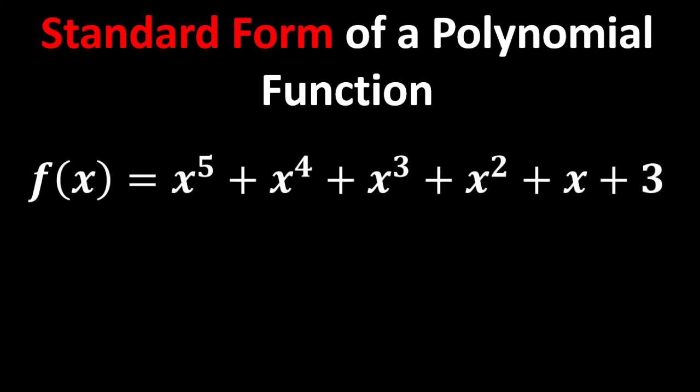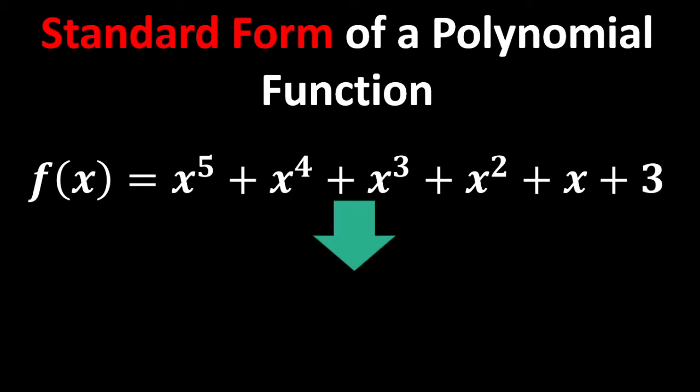Okay. Next, every polynomial function has different forms. The first one is the standard form. So what is the standard form of a polynomial function? Every polynomial function can be rewritten as f of x is equal to x raised to 5 plus x raised to 4. This is just an example of a function written in standard form.